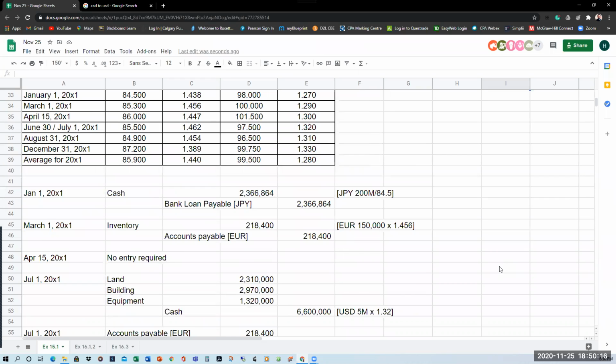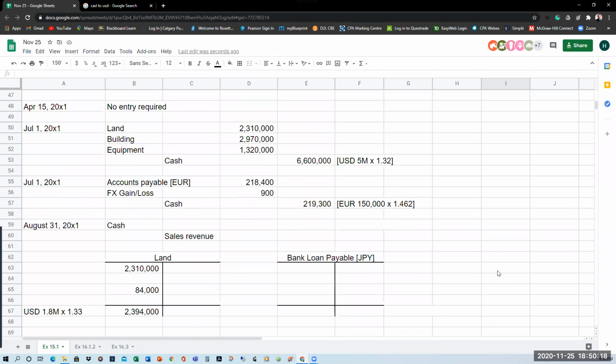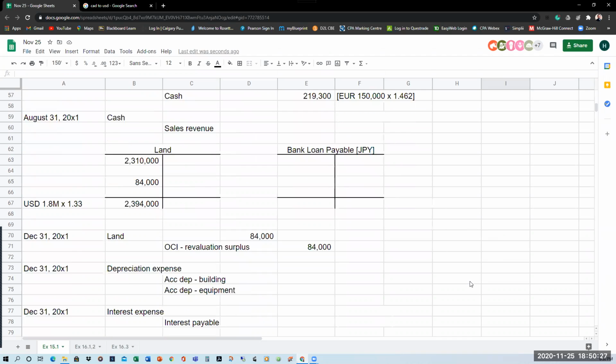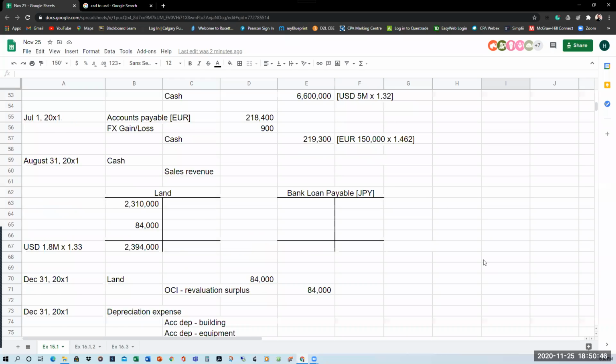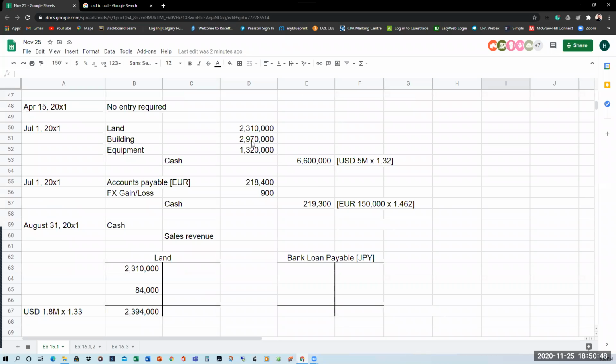Now you're recording depreciation. The journal entry for depreciation is debit depreciation expense, credit accumulated depreciation. So you can show this in two separate journal entries, or you can just make one journal entry. You debit the depreciation expense and then credit the accumulated depreciation on the building and credit the accumulated depreciation on the equipment. Credit the accumulated depreciation on the building. So the cost of the building was $2,970,000.